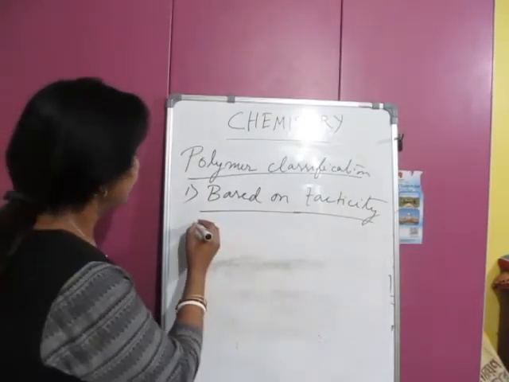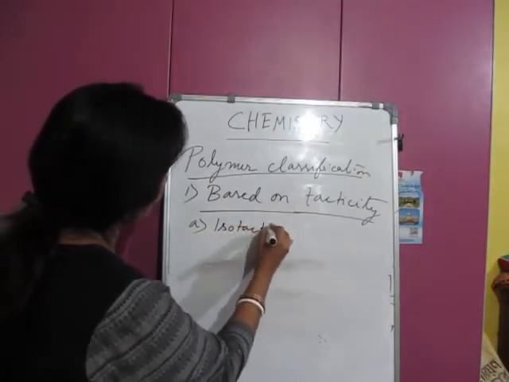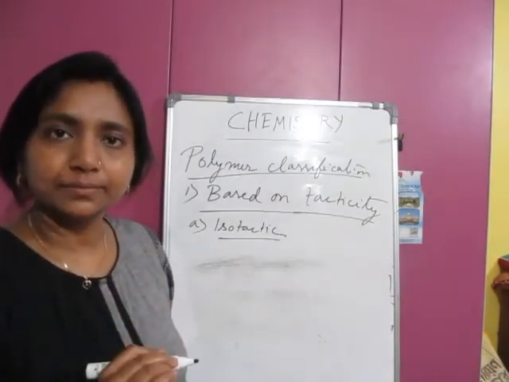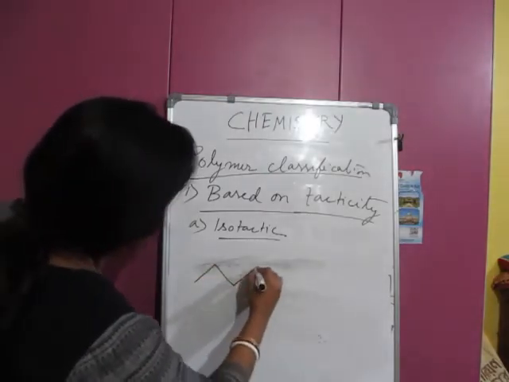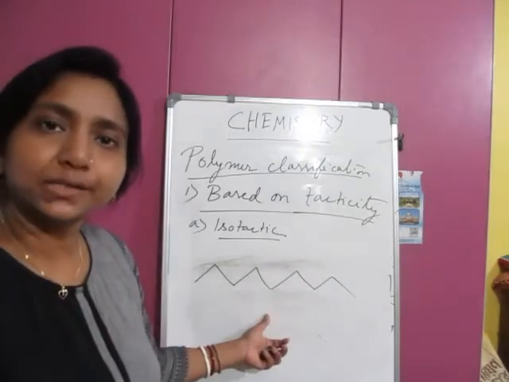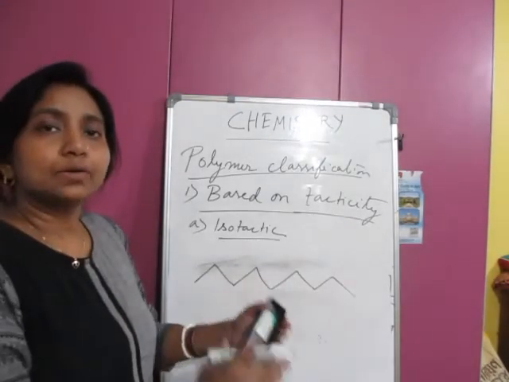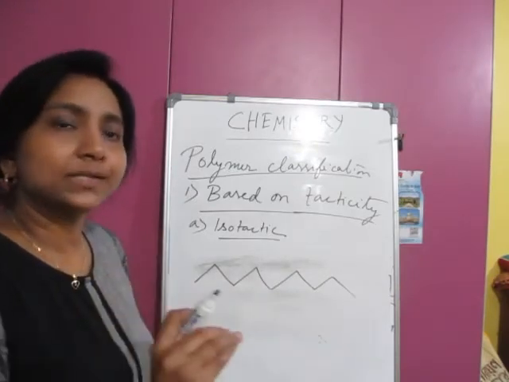First is isotactic polymer. This is the main structure and we are talking about the change of the orientation of the branch structure.